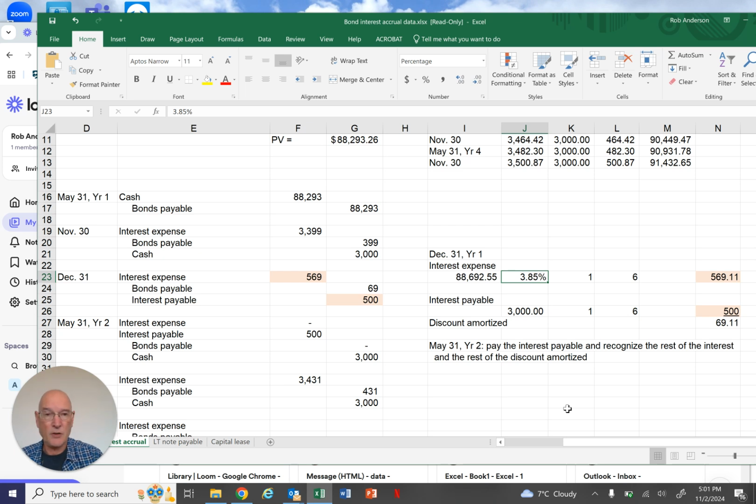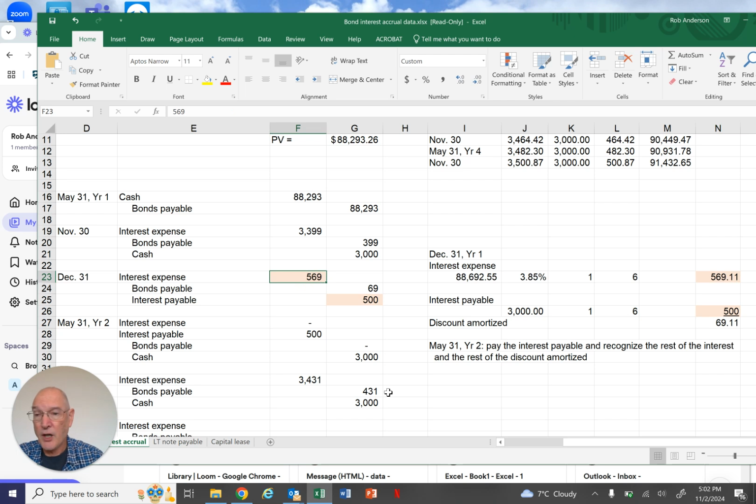So it is 1 month out of 6, not 1 month out of 12, as you would do for maybe a note payable or a lease. So carrying value times interest rate times 1 month out of 6 gives interest expense of $569.11. I rounded that off, and here's our interest expense, December 31.